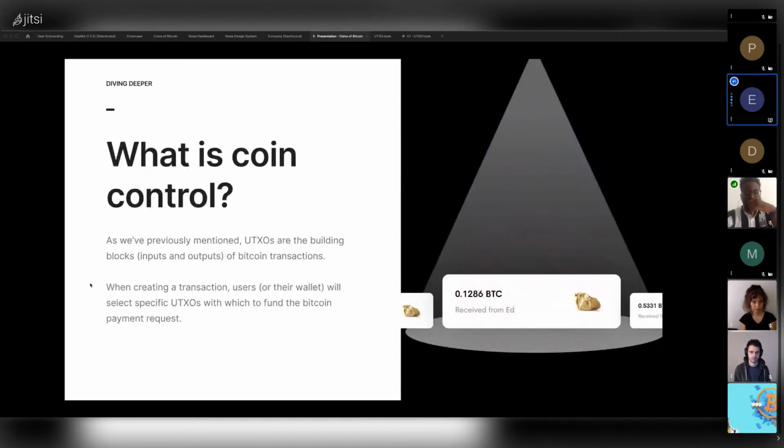I then talk about what coin control actually is: being able to select UTXOs for specific payments when you're building out transactions, and knowing exactly why you should or shouldn't select certain inputs, depending on what the transaction is for, who you're sending it to, and having a decent understanding of what those outcomes are going to be.